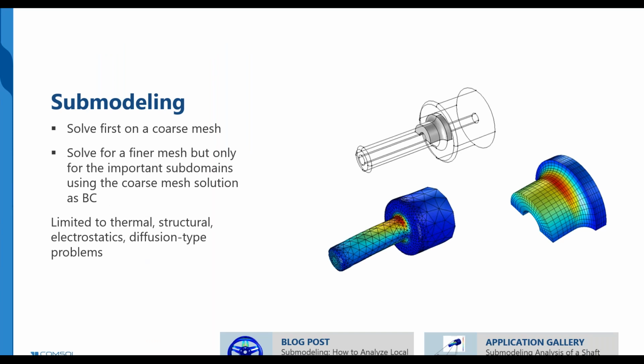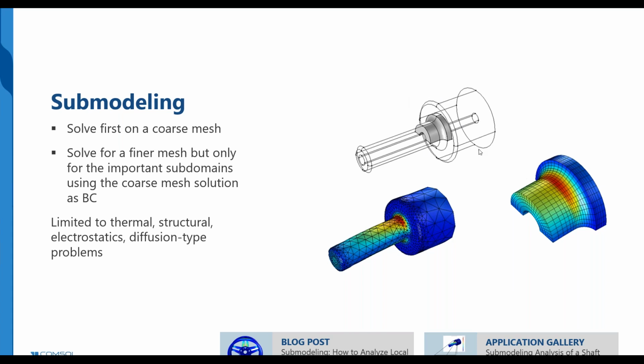Sub-modeling, we have blog posts, we have examples in the application gallery for this. It's an old technique. It basically is the following. You solve the problem first on a coarse mesh, which you can afford, and you take that simulation to feed a more detailed simulation.